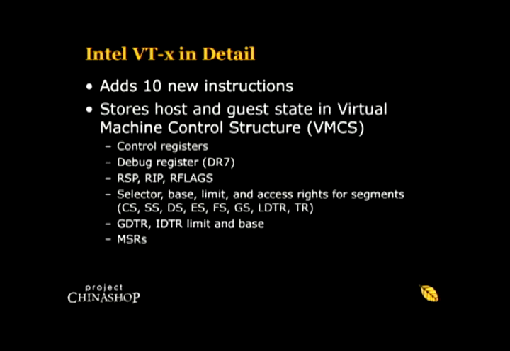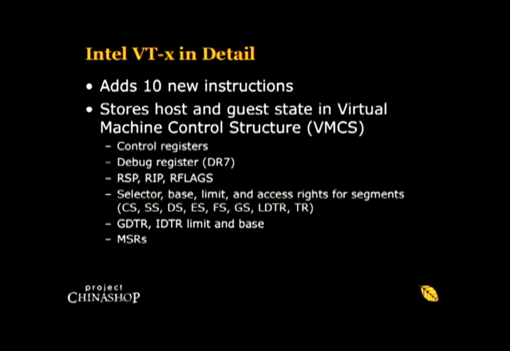And like I said earlier, the VMCS just contains all the OS-visible state of the processor. So we have the control registers, debug registers, instruction pointer, stack pointer, flags, all the segment registers, and a selected list of machine status registers.